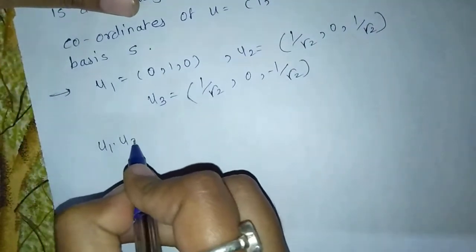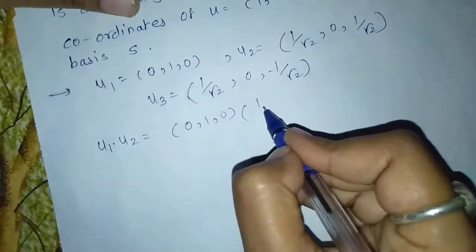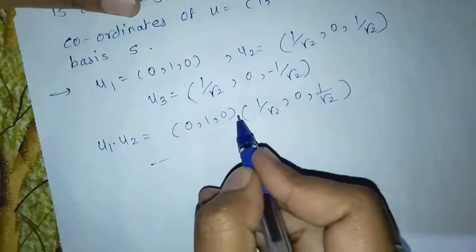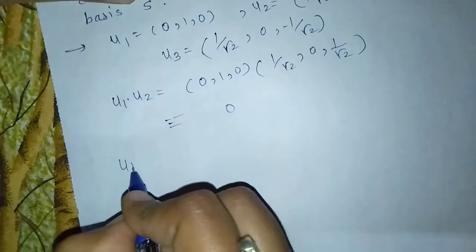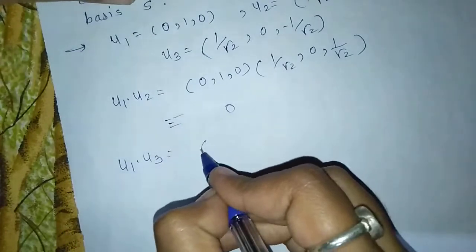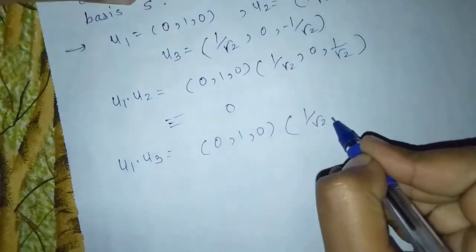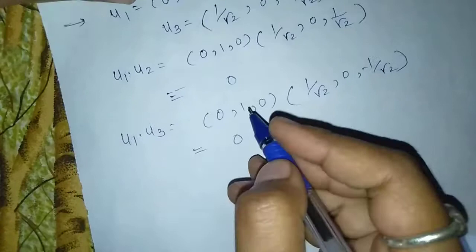First, u1 dot u2 is (0, 1, 0) dot (1 upon root 2, 0, 1 upon root 2), so the inner product is 0. Next, u1 dot u3 is (0, 1, 0) dot (1 upon root 2, 0, minus 1 upon root 2), which is equal to 0.